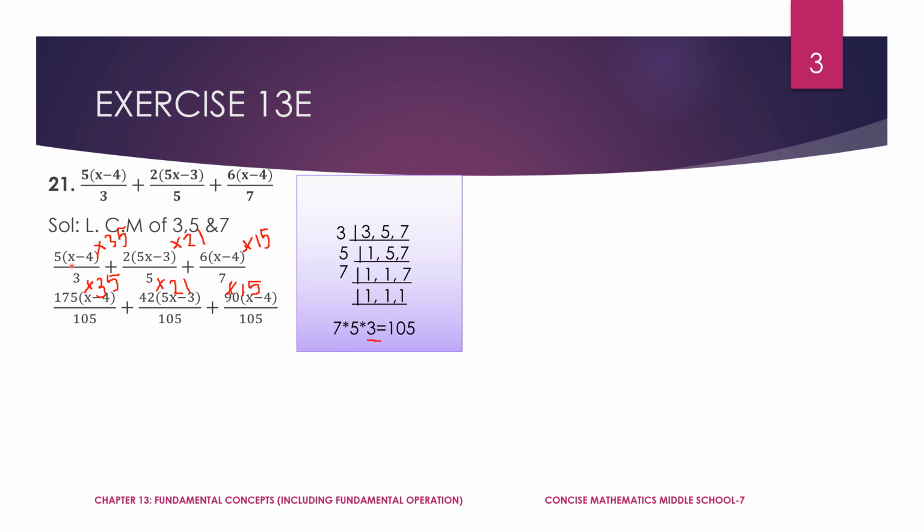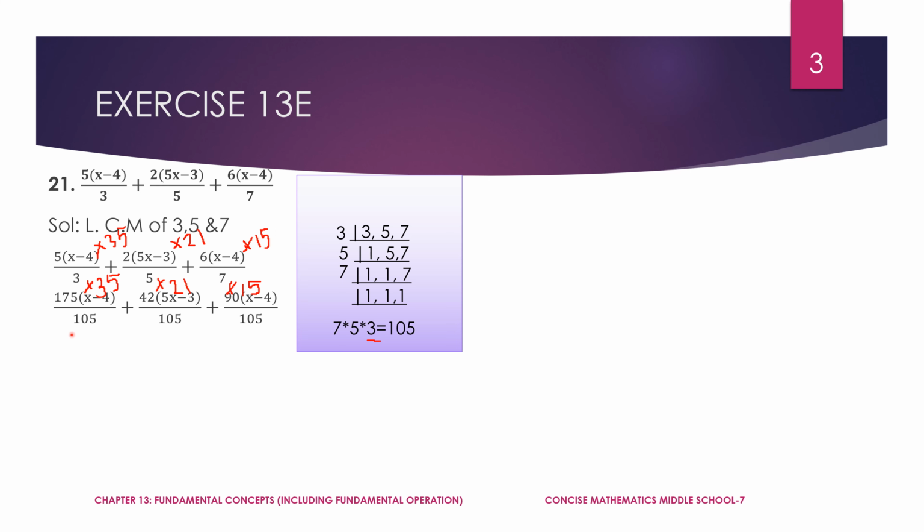Now just 5 into 35, 175, x minus 4. Later on we can multiply this inside. 21 into 2 will be 42, and we can multiply this inside with both these numbers later in the next step. 6 15s are 90, right? The denominator became 105.